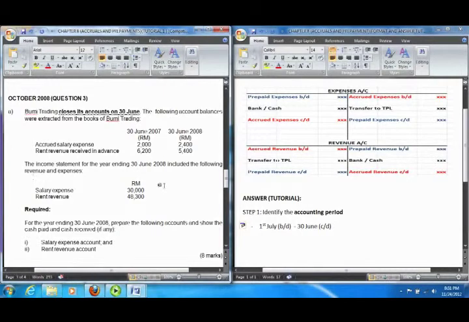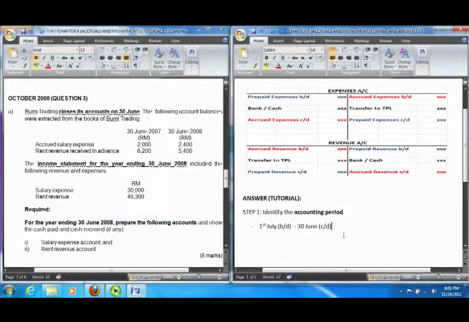Now you need to see what the question asks us to do: the income statement for the year ending 30th June 2008. Required for the year ending 30th June 2008, prepare the following accounts. So now you can know the date of your balance CD, which is 30th June 2008.